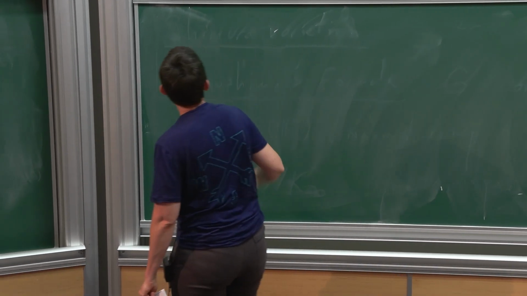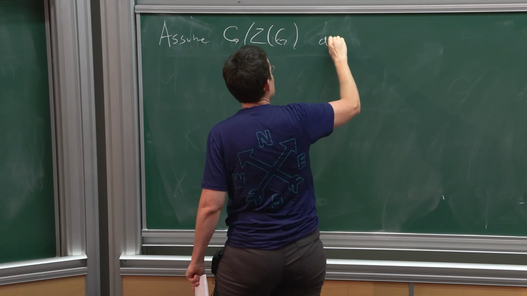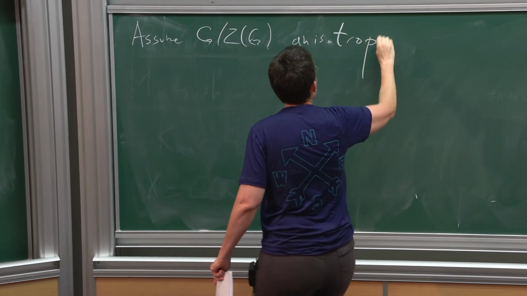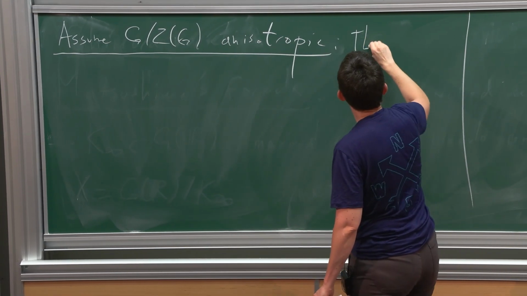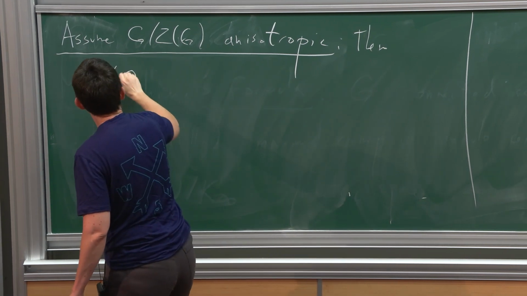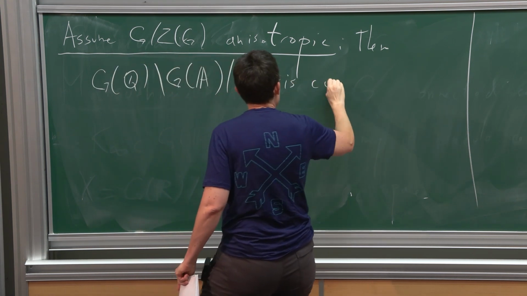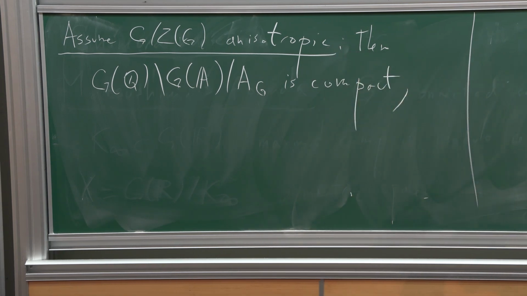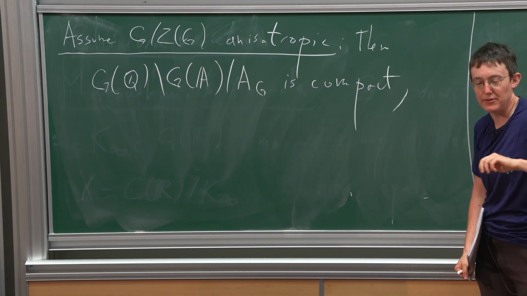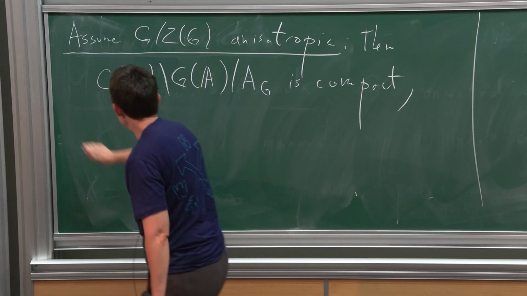Okay, so assume that G over Z_G is anisotropic. Then this quotient is compact, and in that case, this L2 space, so we spent all this time talking about Eisenstein series this morning, forget everything, because I'm in the case where there are no Eisenstein series, and the L2 space just decomposes discretely.